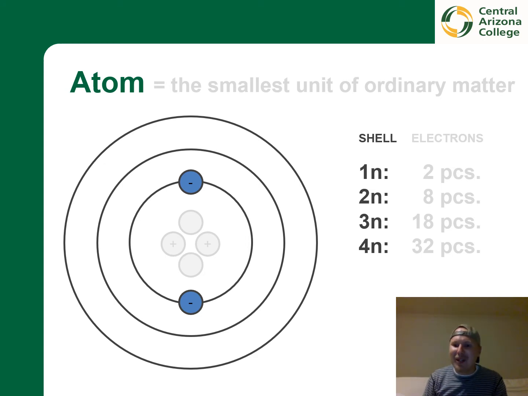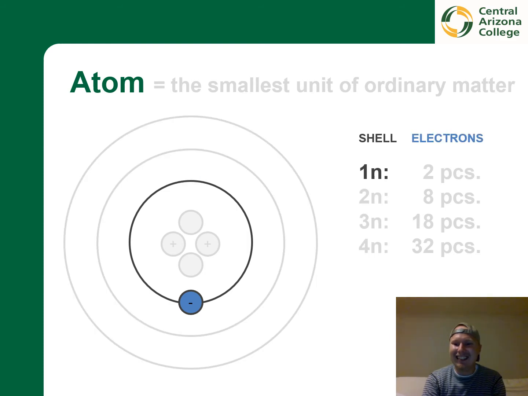And you will notice that I have drawn 3 shells and listed on this table 4 shells. But the number can be greater than this. But this is enough for us to focus on now. So let's focus on this first electron shell.